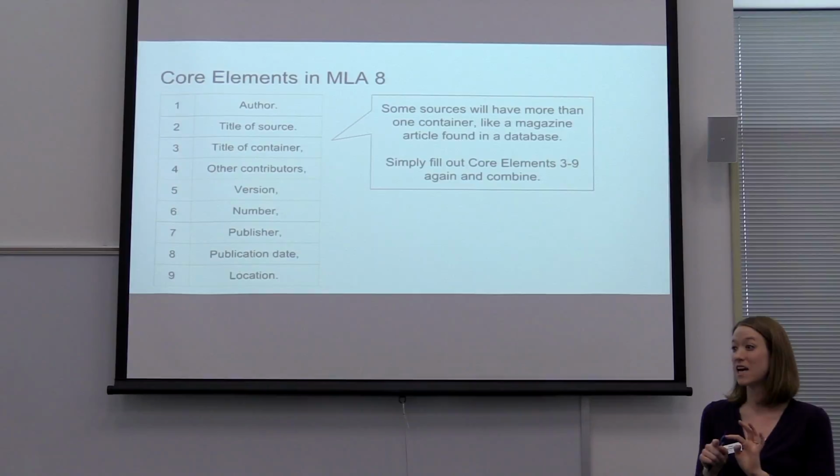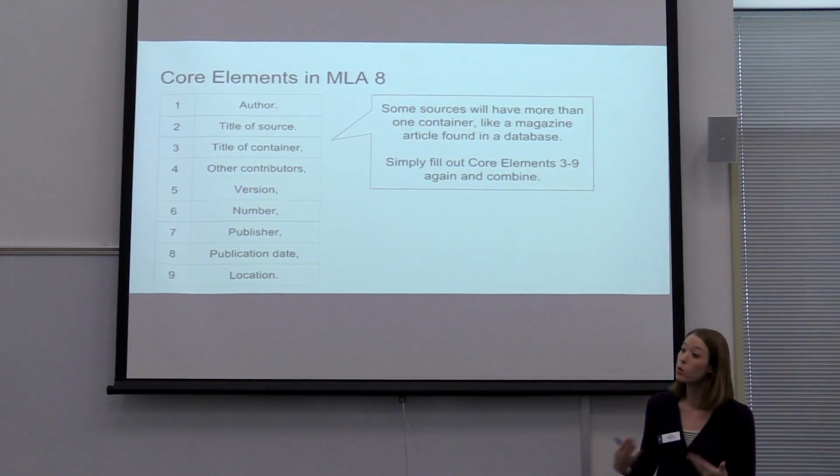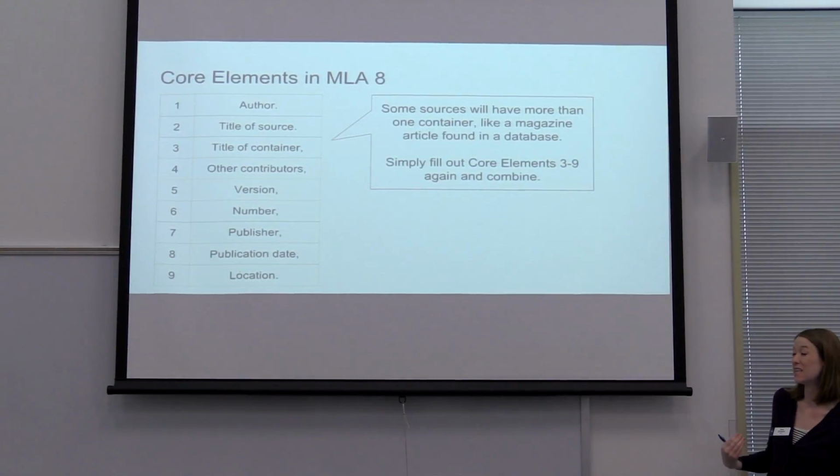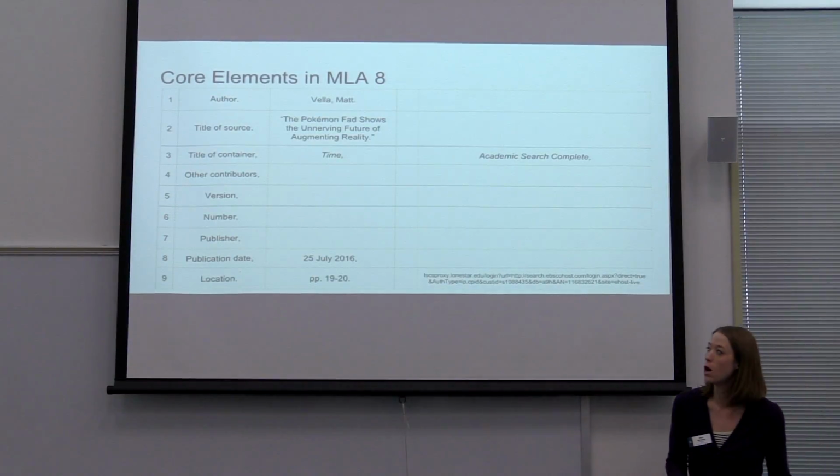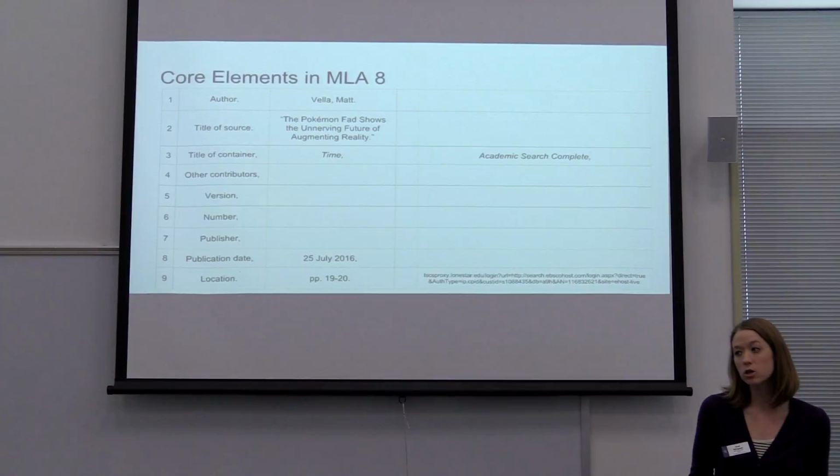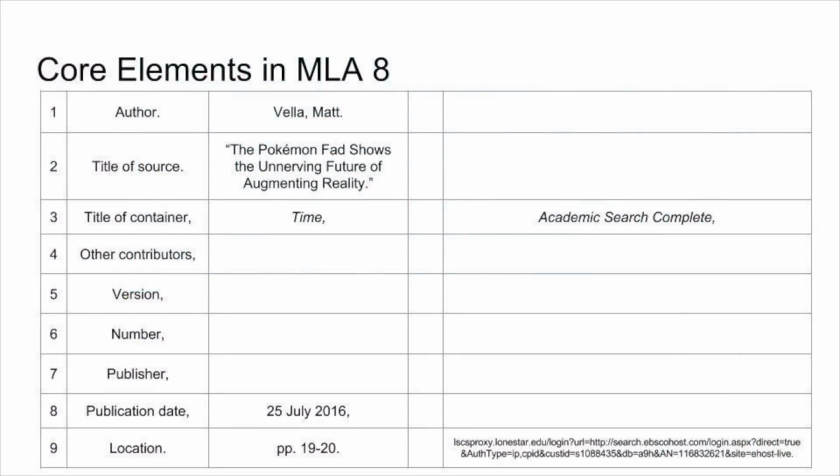Well, the second container then is the name of the database, because we want our reader to know how we got to that source. And so we need to fill out that information as well. So if you have a source where it looks like there's more than one container, what we're going to do is fill out that part for the first source, and then we're just going to fill out lines 3 through 9 again with information about the second container.